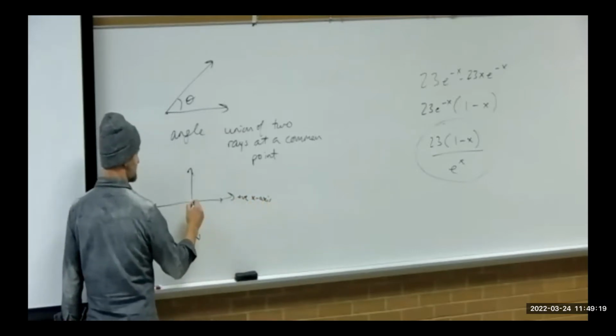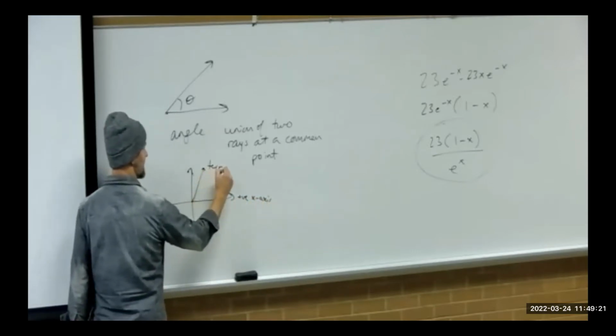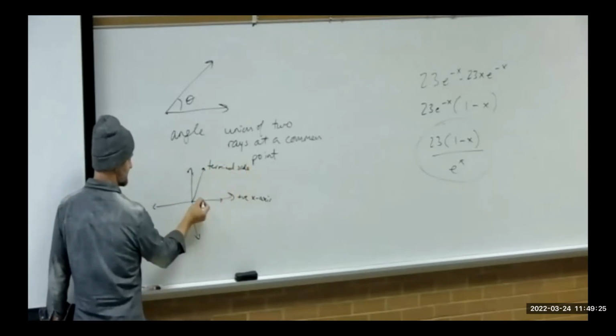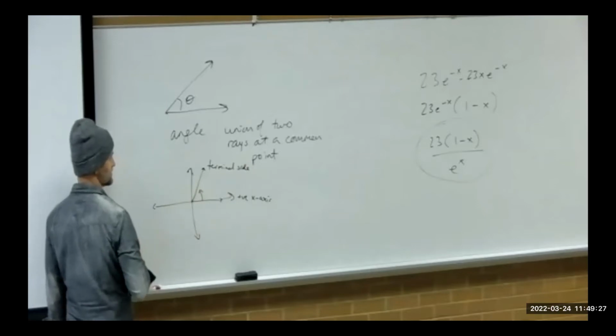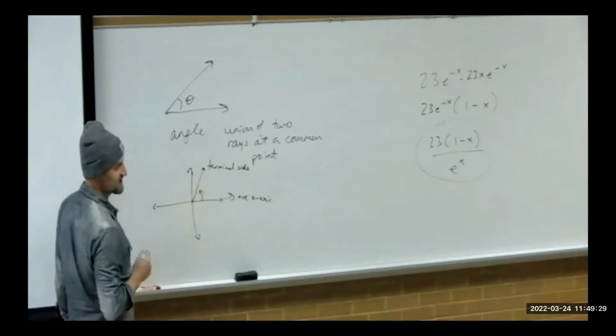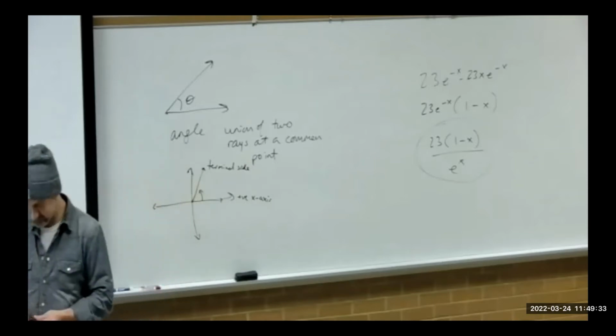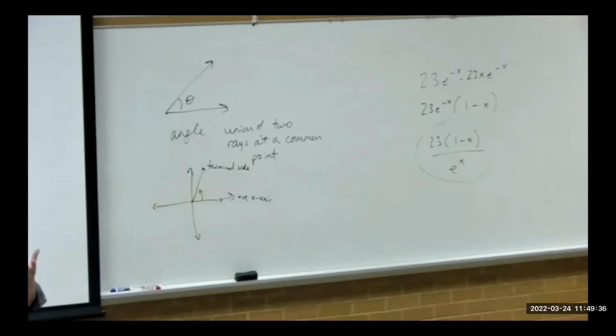The other side, which I call my terminal side, goes counterclockwise in this direction. I don't know the size of that angle, but I can say a few things about its size. Try to give me one fact about that angle.